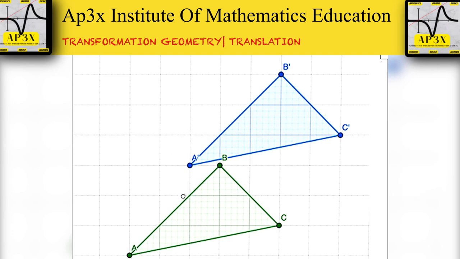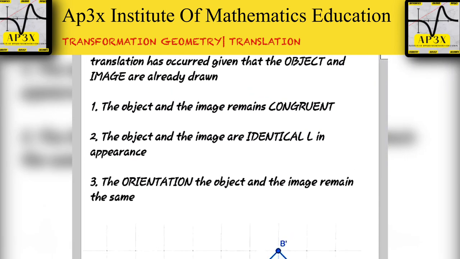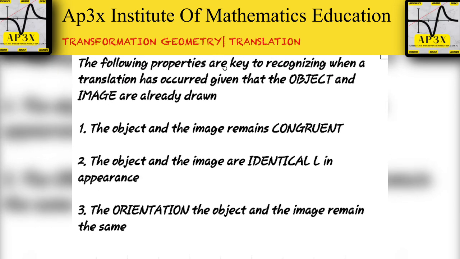So in order for you to safely know that a translation occurred is by understanding some basic properties of translation.